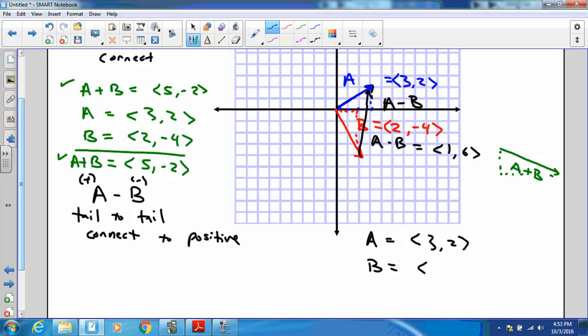A is 3, 2. B is 2, negative 4. And if we subtract a minus b, we're going to have 3 minus 2 is 1. And 2 minus negative 4 is 6, giving me 1, 6 for the difference a minus b.